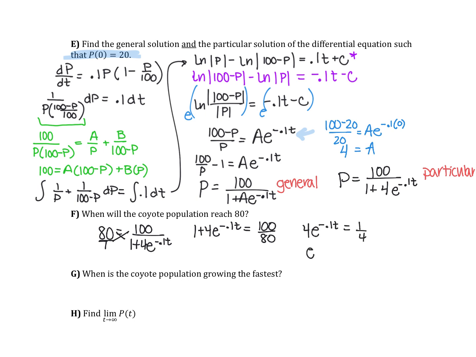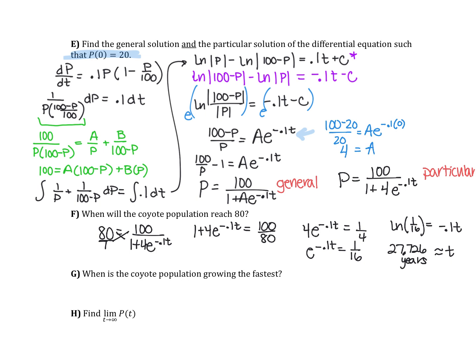I'm going to divide by 4, so I get e to the negative 0.1 t equals 1/16. Taking the natural log of both sides, we get the natural log of 1/16 equals negative 0.1 t. So t is going to be the natural log of 1/16 divided by negative 0.1, which according to my calculator gives me 27.726 years. That's years when the coyote population will reach 80.